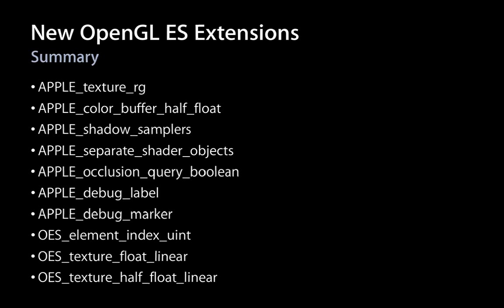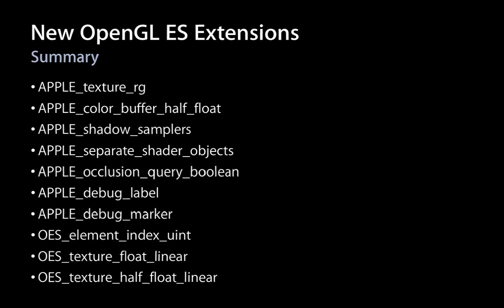Separate shader objects gives you the possibility of keeping your shader stages independent and gives you better compilation times. Occlusion query Boolean gives you a visibility test. And we have 2 debugging-related extensions, Apple Debug Label and Marker, that you add to your code, and they are used by the OpenGL ES frame debugger, which we're going to talk about in the next session after this one. So use them, take advantage of them, and get a lot of help out of that in your debugging.